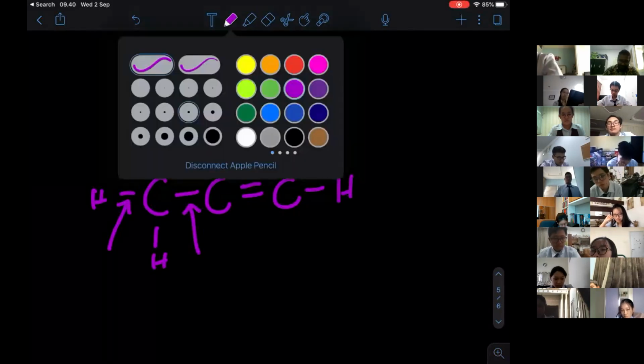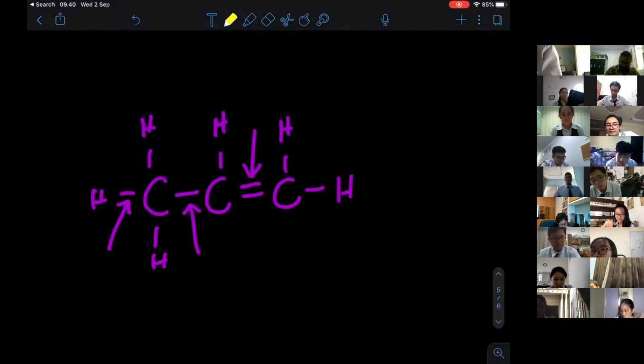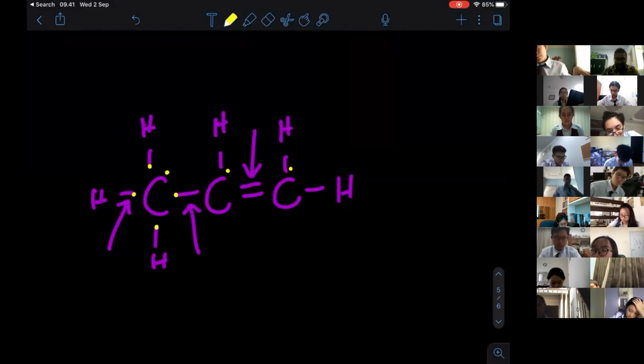Each of these carbons is going to undergo hybridization. This carbon needs 1, 2, 3, 4, so it will undergo sp3 hybridization. So for this, what type of overlap is happening for the sigma?